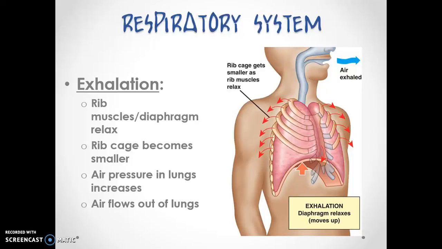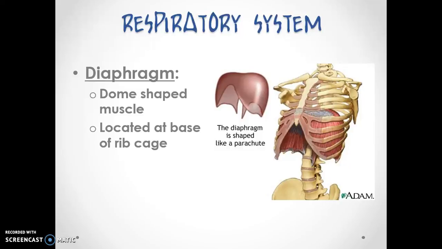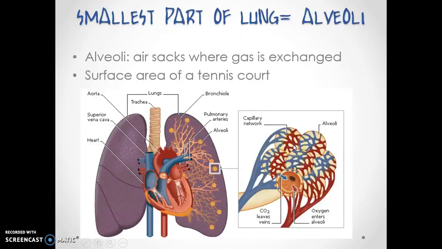The rib cage becomes smaller. The air pressure in the lung increases and the air flows out of the lungs. And the diaphragm is a dome-shaped muscle located at the base of the rib cage, which is here. Our rib cage is here and the lungs are inside there.